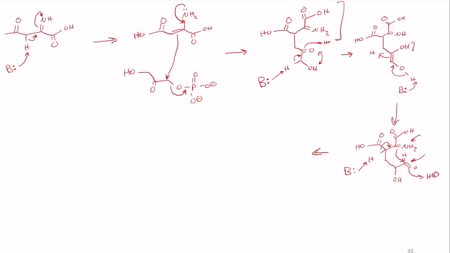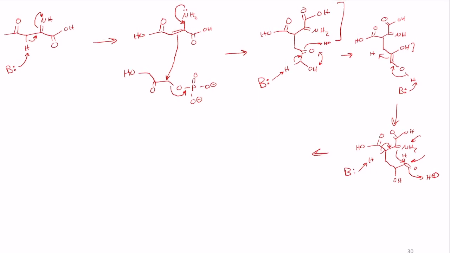So now we basically form a ring structure. Got the double bond there. And then our two alcohol groups.